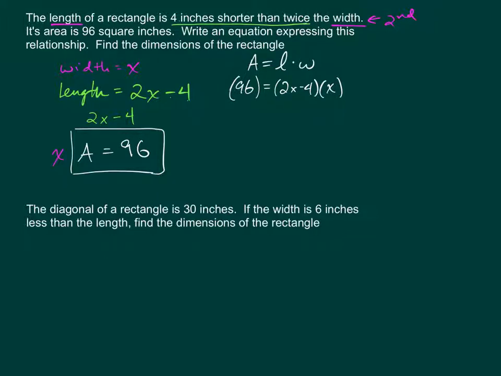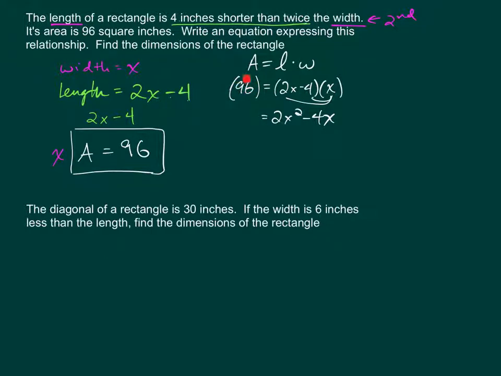And now I know this doesn't look like a quadratic equation, but when we simplify both sides, which includes distributing, then we will have a quadratic equation right here. 2x times x is 2x squared. 2x times negative 4 is negative 4x.